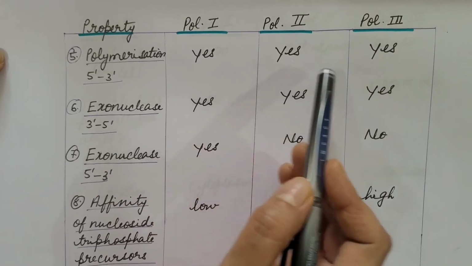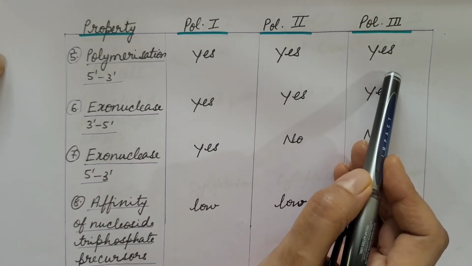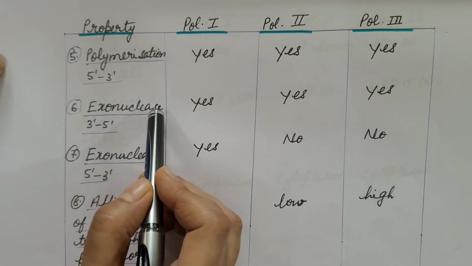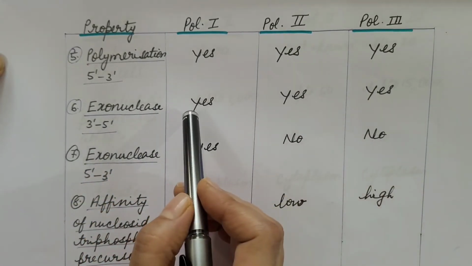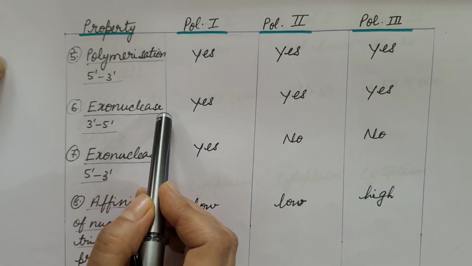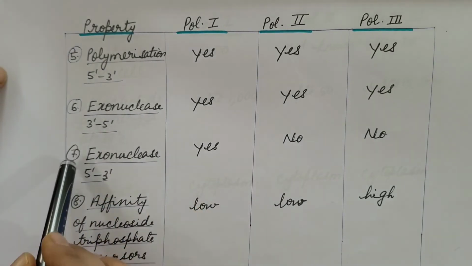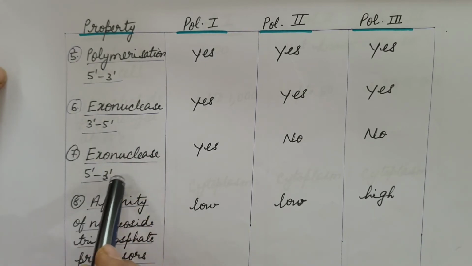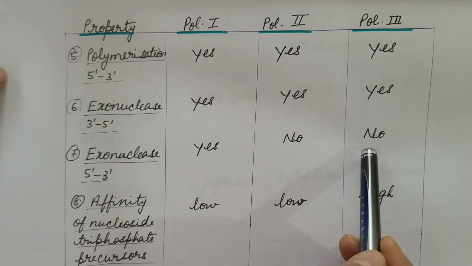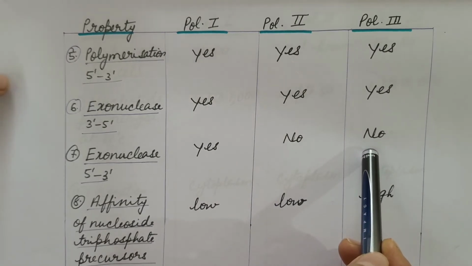Polymerase 1, 2 and 3 all have 5'-3' polymerase activity. 3'-5' exonuclease activity. All three enzymes, polymerase 1, 2 and 3, have 3'-5' exonuclease activity. 5'-3' exonuclease activity, only polymerase 1 shows this activity. Polymerase 2 and 3 do not have this activity.